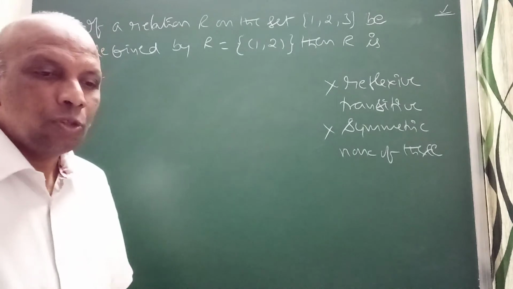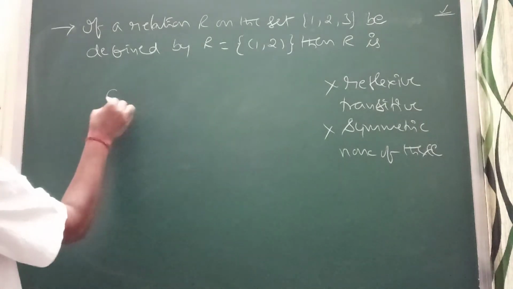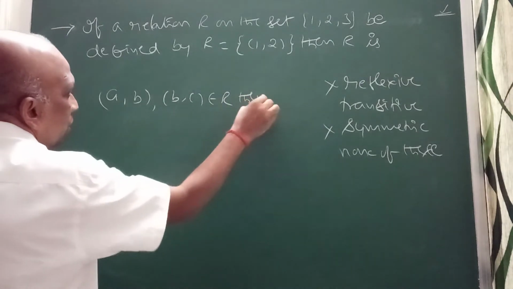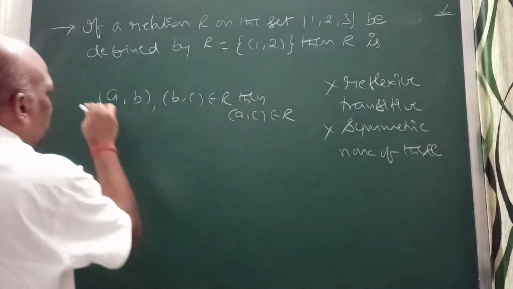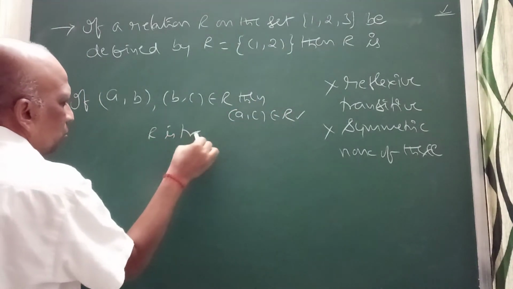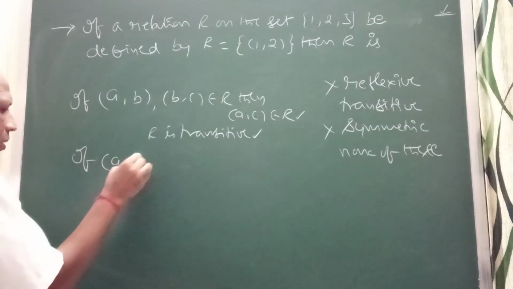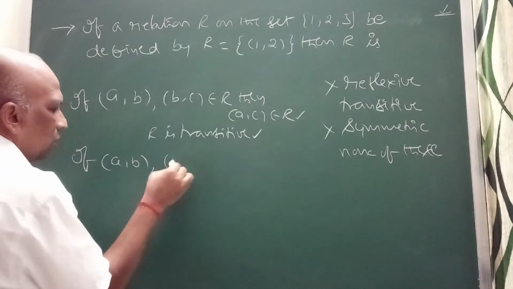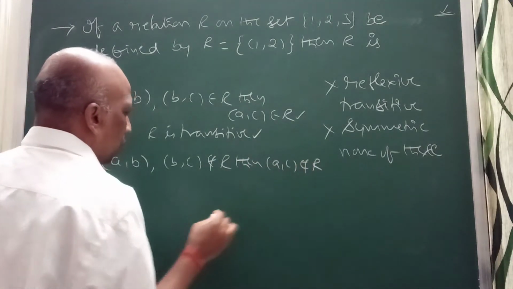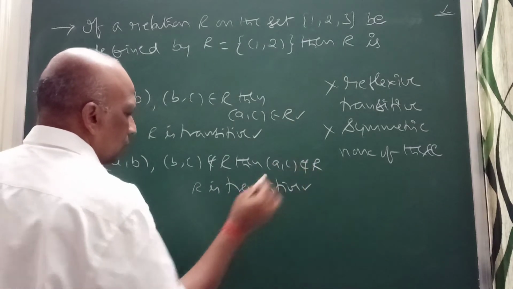Then transitive. What is the rule for transitive? If (a,b) and (b,c) belong to R, then (a,c) belongs to R, then I can say R is transitive. Another way, if (a,b) and (b,c) don't both belong to R, then (a,c) doesn't belong to R. R is transitive.